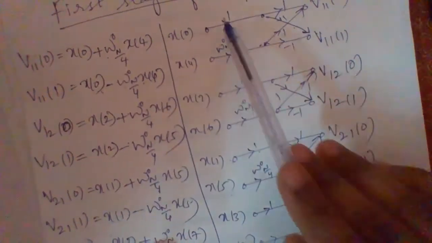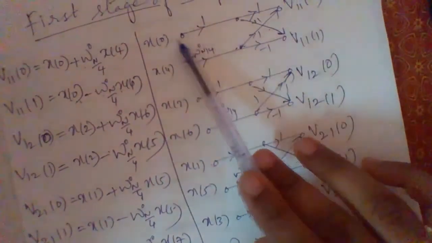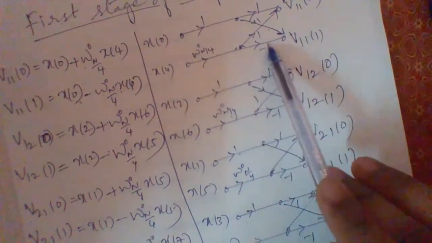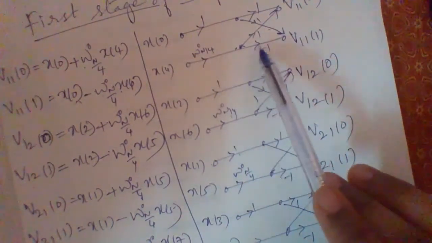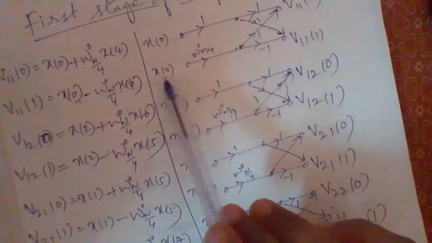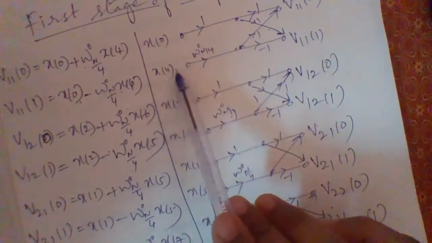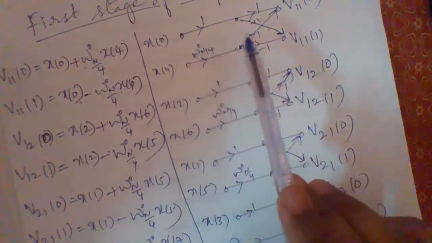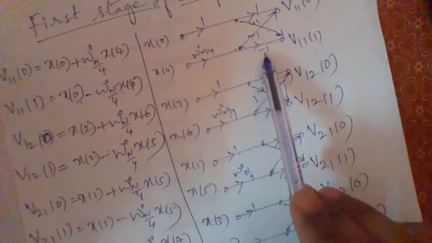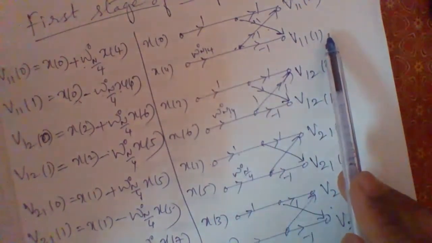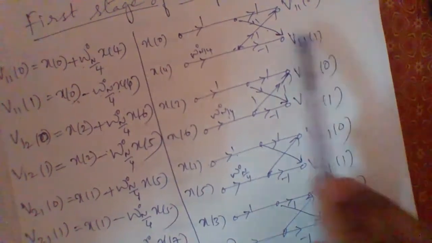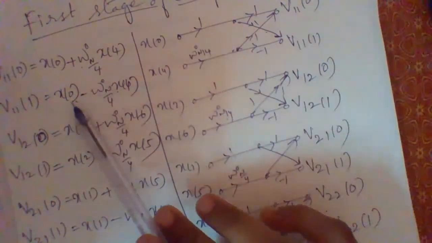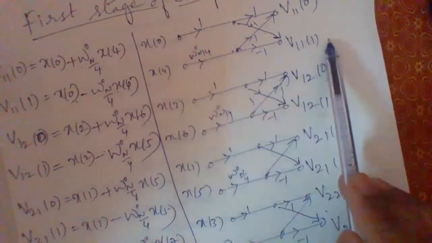Similarly, here also in the signal flow graph you can see that V11 of 1 is nothing but x of 0, and here minus 1 is there. So you need not additionally write minus, or you need not invert this x of 4, because when x of 4 is multiplying w raised to 0 n by 4, it gets multiplied by minus 1 again. So automatically you are going to get the minus x of 4. Therefore, here V11 of 1 is going to generate x of 0 minus x of 4.